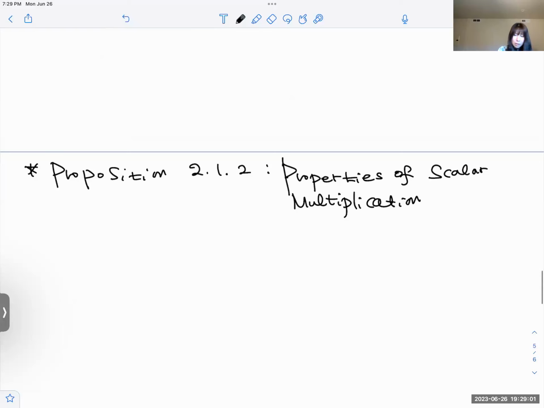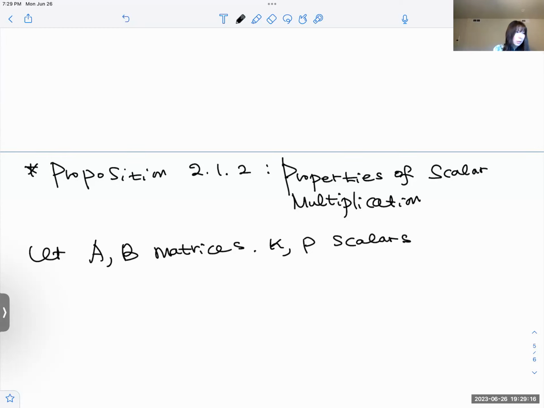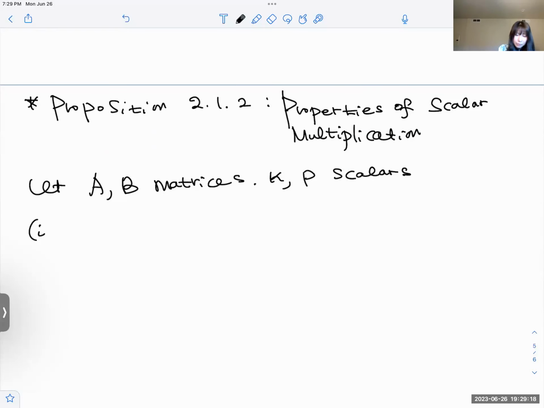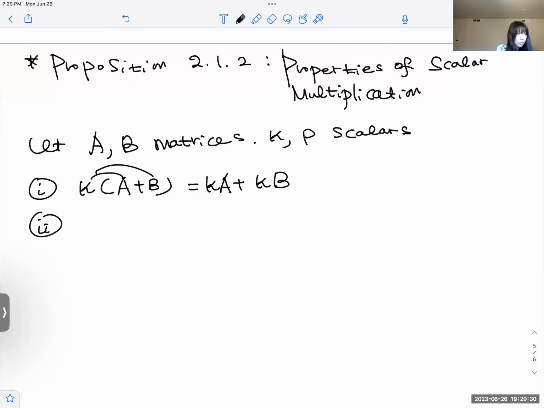Let A and B be matrices, and k, p are scalars. The first one, k(A plus B), we can distribute. So we get kA plus kB. This is distribute, right?